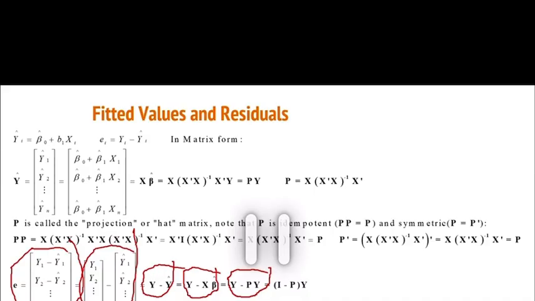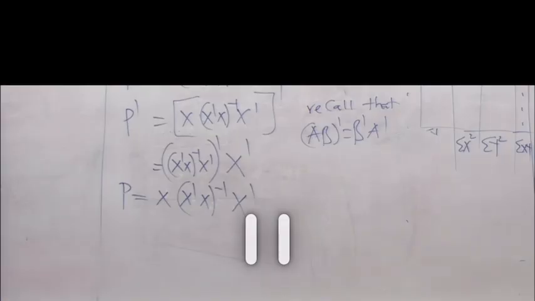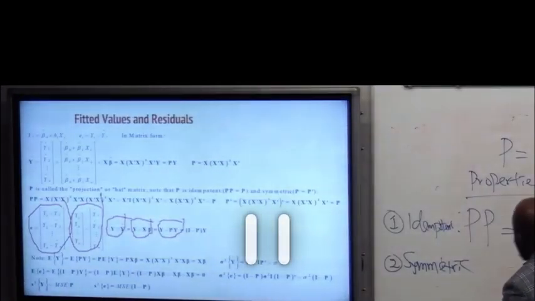Then if I factorize y out, I'm going to have... what I'm trying to do is, let me use this. If I have the error equal to y minus Py, I'm going to factorize.